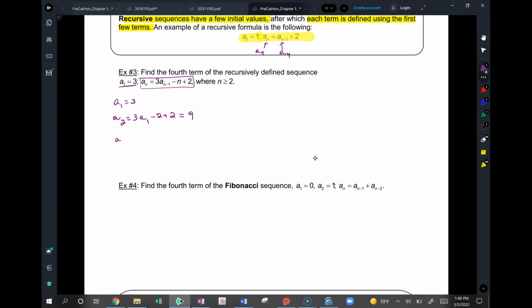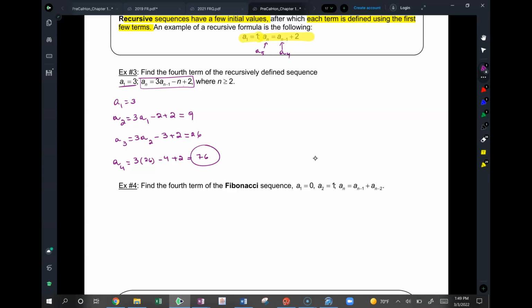So A sub 3 is 3 times A2, minus n, which is 3, plus 2. So how much would that be? 26. Okay? And now we need a sub 4. A sub 4 is 3 times the previous number, 26, minus 4, plus 2, 76.